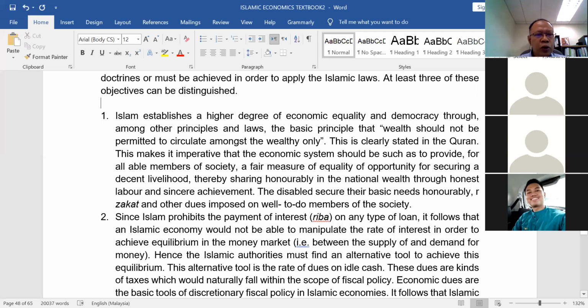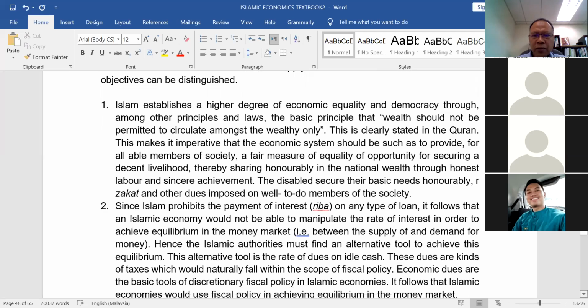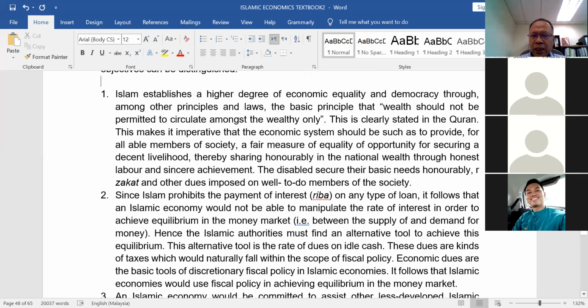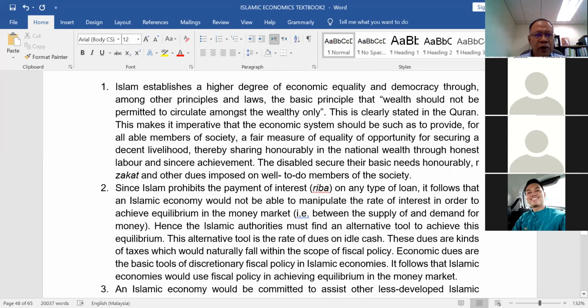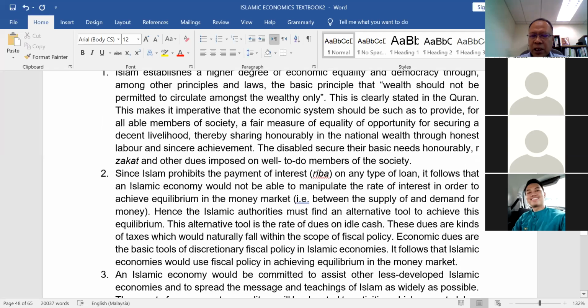Okey, tambahan yang kedua, since Islam prohibits the payment of interest on any type of loan, it follows that an Islamic economy would not be able to manipulate the rate of interest in order to achieve the equilibrium in the money market. Okay. Supply and demand for money cannot be influenced because riba is eliminated.